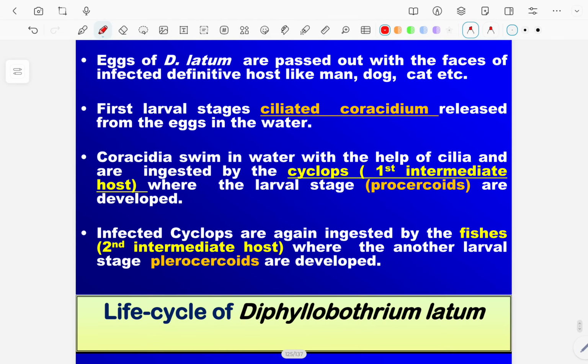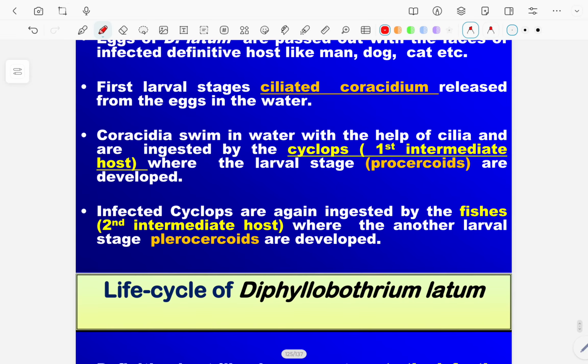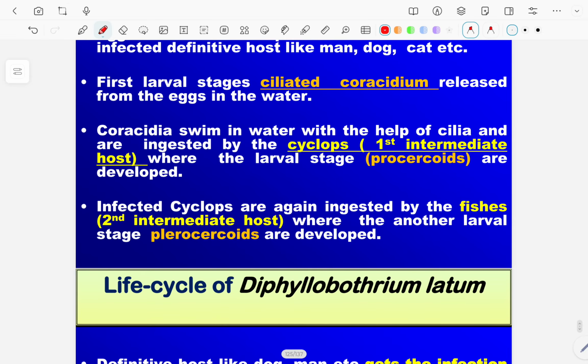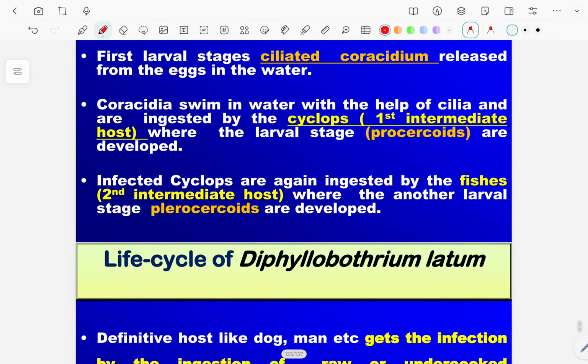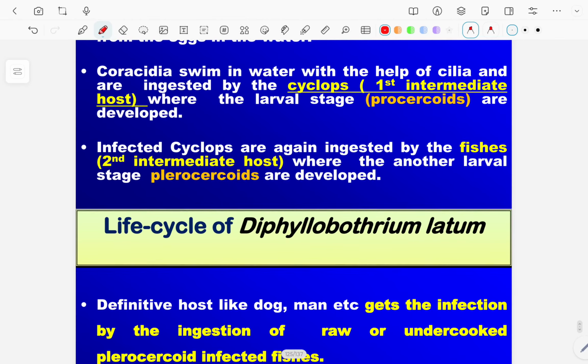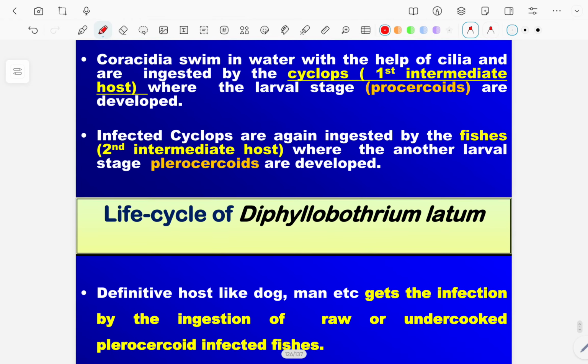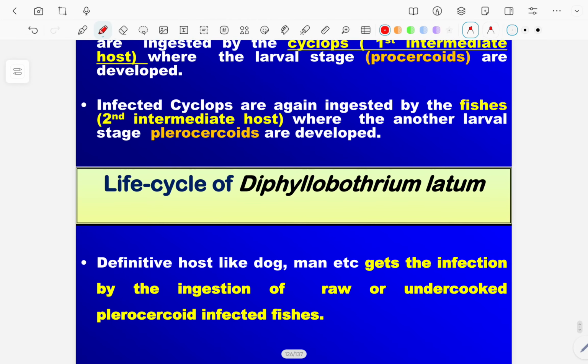Coracidia swim in water with the help of cilia and are ingested by the cyclops, the first intermediate host, where the larval stage procercoids develop. Infected cyclops are in turn ingested by fish, the second intermediate host, where another larval stage, the pleurocercoid, develops.